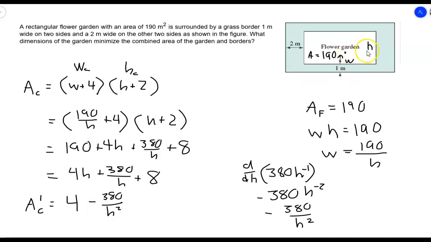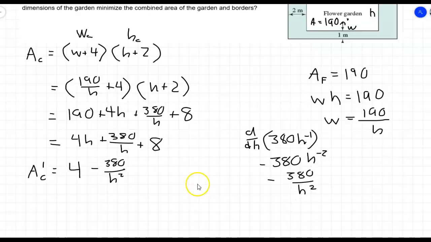The only constraints that we have for this is that the width and the height are going to be over 0, right? Because if we have a height or a width that's equal to 0, then there's no possible way that the area can equal 190. So the constraint is both of these are above the 0.